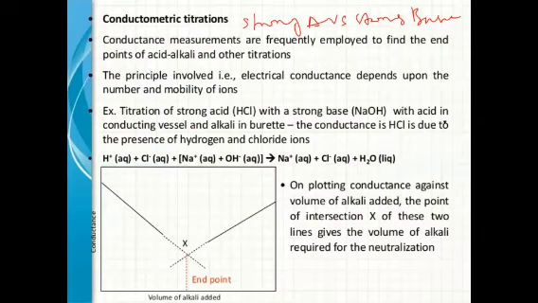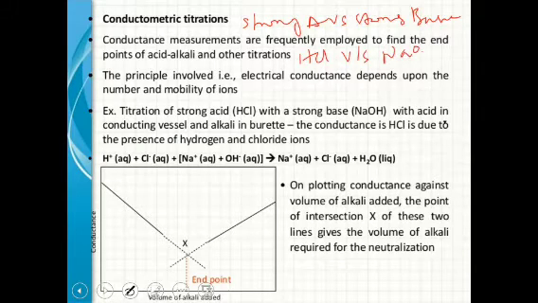In the strong acid versus strong base case, the best example is HCl versus NaOH. HCl is a strong acid and NaOH is a strong base. The HCl is present in the beaker, and NaOH is taken in the burette.